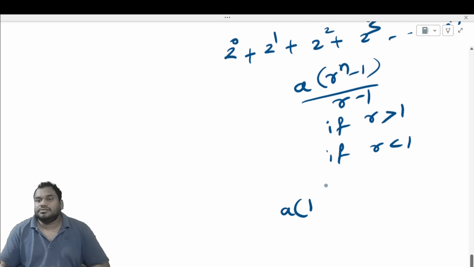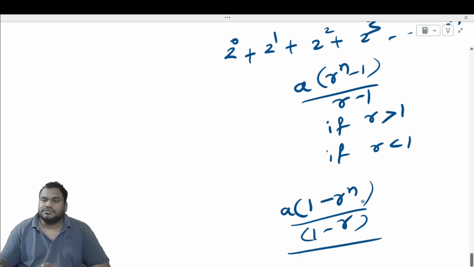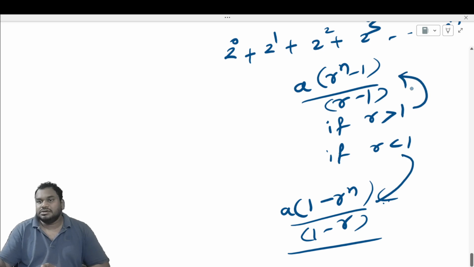A into (1 minus r to the power of n) divided by (1 minus r). Just reverse, multiplied with minus, the numerator and denominator. Okay, so these two are the formulas. If r is less than 1, this is the formula you need to use. If r is greater than 1, use this.